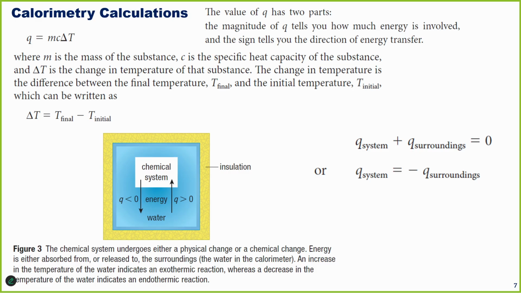The temperature of the water, or the surroundings, in the calorimeter increases. If q has a positive value, then the system absorbs thermal energy from its surroundings, and the change is endothermic. The temperature of the water in the calorimeter decreases.